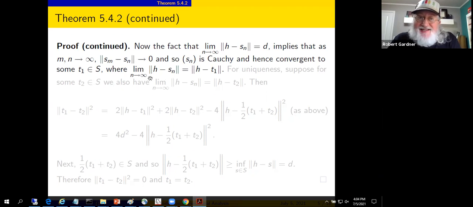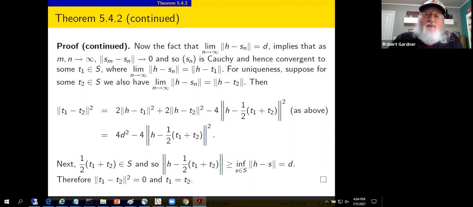This limit was also D, and D was the infimum. So there's a lot of symbols around, but there's a T1 in S that is closest to H, if you want to speak of it in those terms. We said there's a unique such element of S.